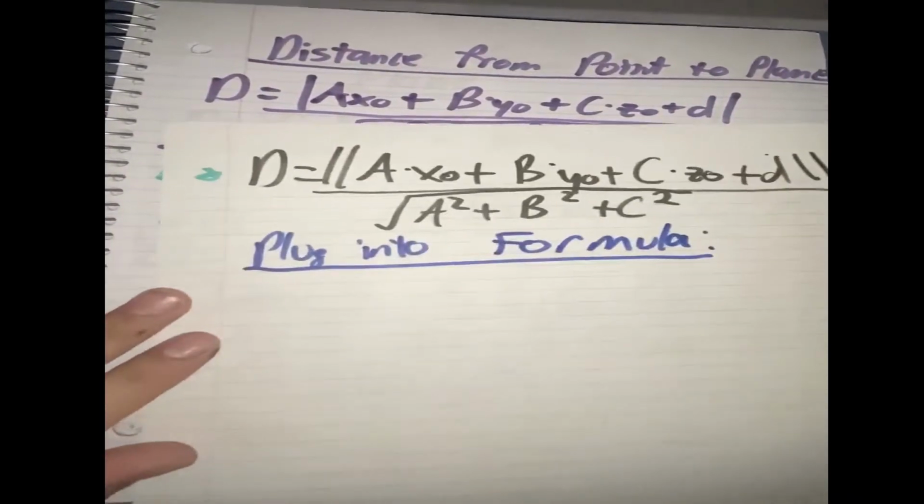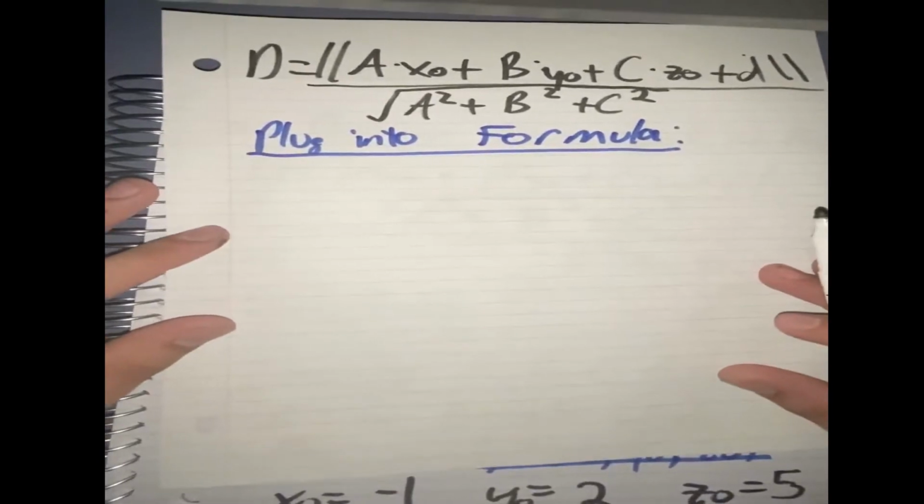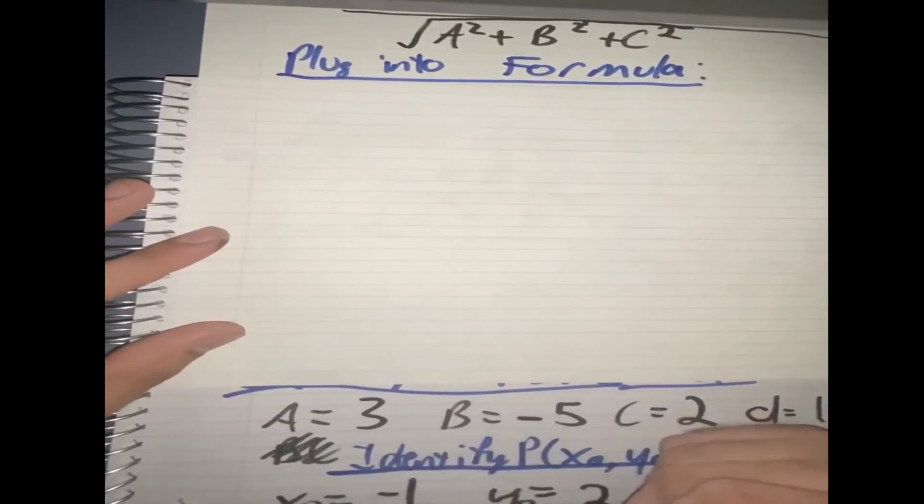So in doing so, we plug in these variables down here. So A times x naught, so 3 times minus 1.